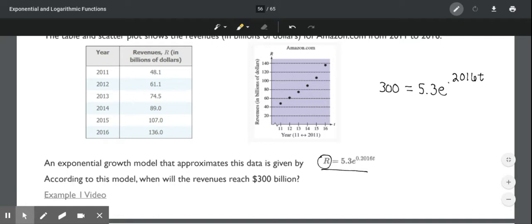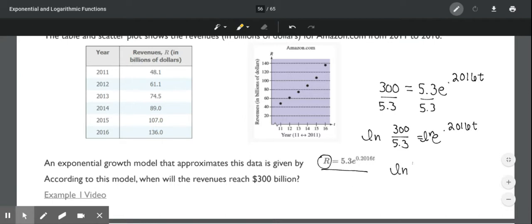We could divide both sides by 5.3. If you do 300 divided by 5.3, you get a decimal that doesn't really end, so we're just going to leave it as the fraction. So we have 300 divided by 5.3 equals e to the 0.2016t. From this point, we could take the natural log of both sides.